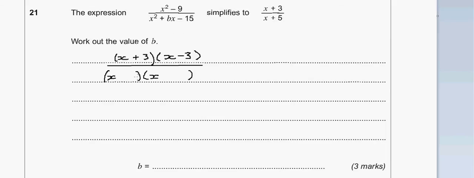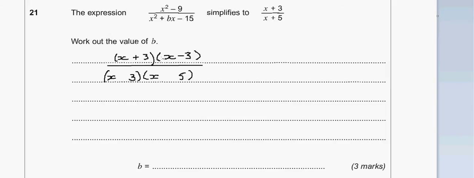Okay, so 3 and 5. Now this could be a minus 3 and this could be a plus 5, because a minus and a plus gives us a minus 15, but we don't know which is which.